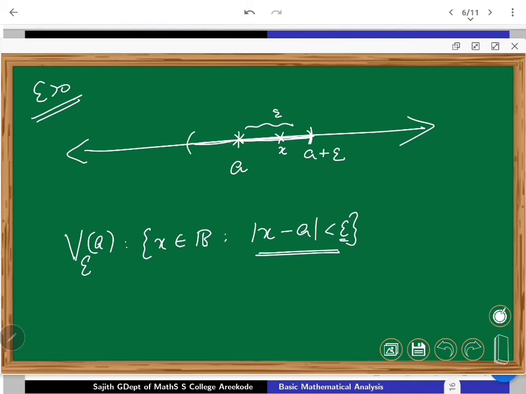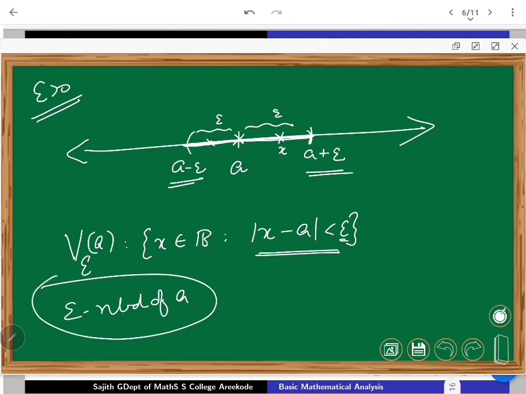I will move symmetrically to the A minus epsilon part also. So anything in between I can look at. If I am considering those x's in between A minus epsilon and A plus epsilon, precisely that set is the epsilon neighborhood of A.